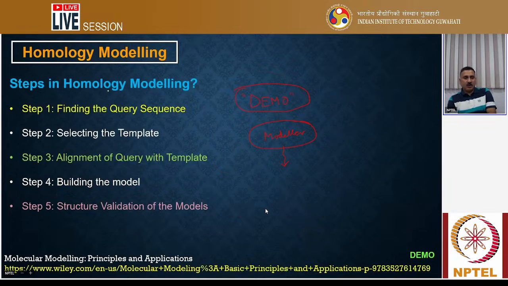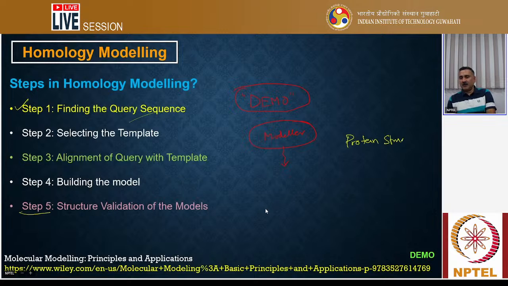Then within the homology modeling, we discussed all these steps. We have a 5-step process of doing homology modeling. We have shown you a demo, and in fact we also gave you a demo about protein structure analysis.